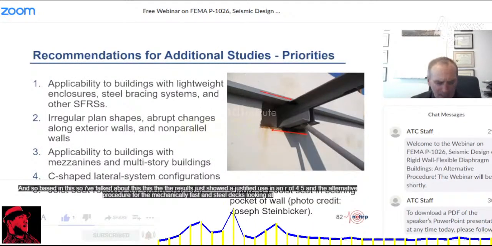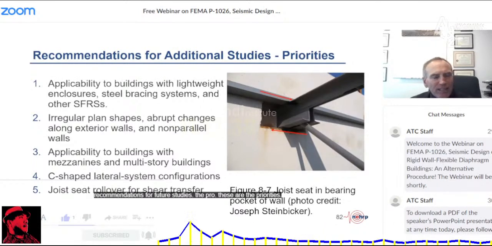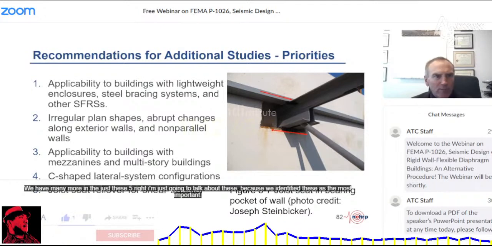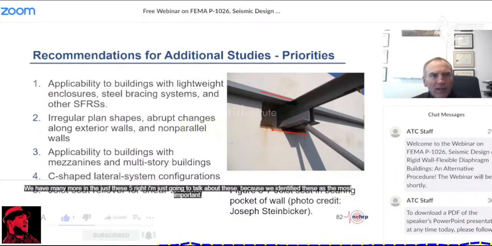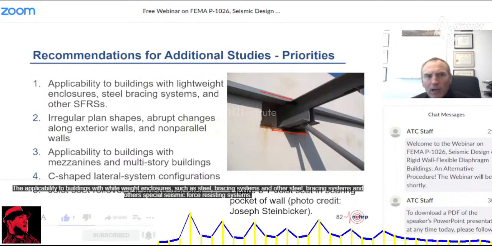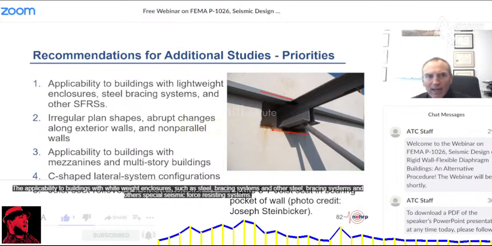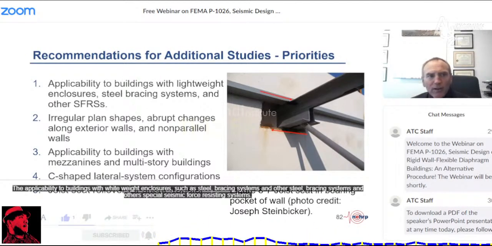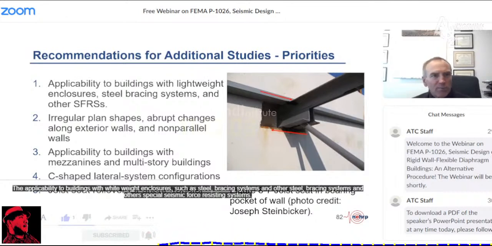Looking at recommendations for future studies, these are the priorities. We have many more than just these 5, but I'm just going to talk about these because we identified them as the most important. The first is applicability to buildings with lightweight enclosures, such as steel bracing systems and other special seismic force resisting systems.